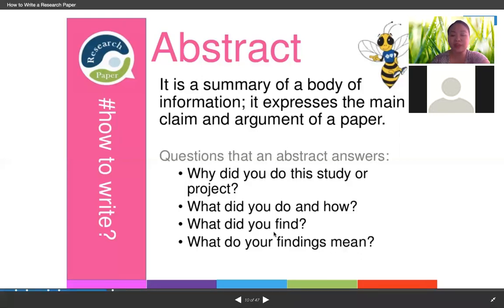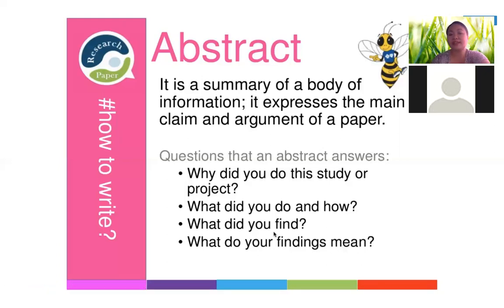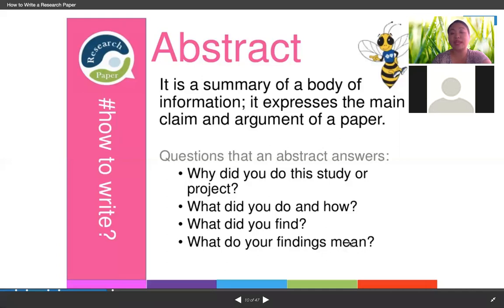And what did you find? Based on the result of the study, the highest yield was obtained with the application of foliar fertilizer, for example. And what do your findings mean?